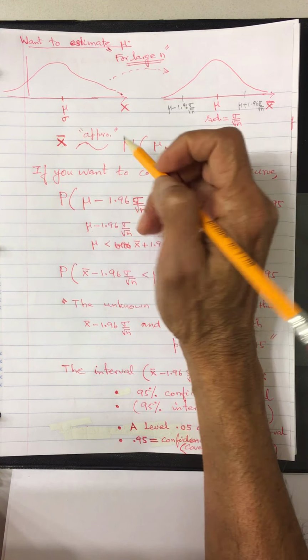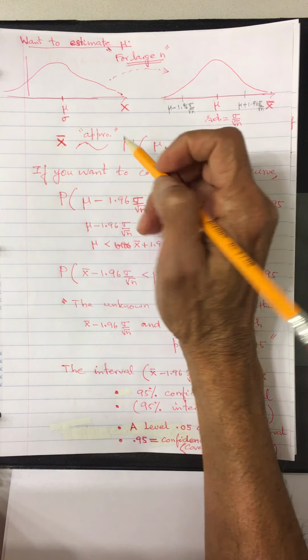As a probability statement, the probability, the area, is 0.95 or 95%. So this is an inequality, and this is another inequality. This is the intersection of two inequalities. I'm going to separate them and put them together again.